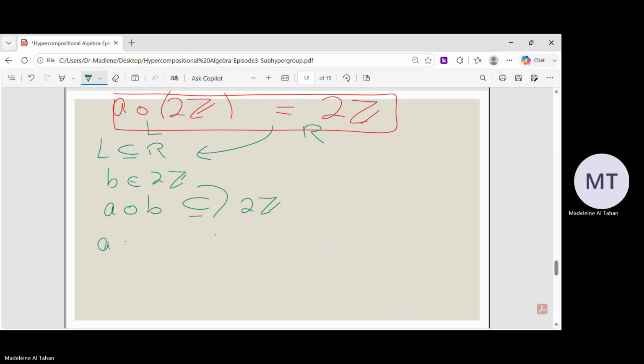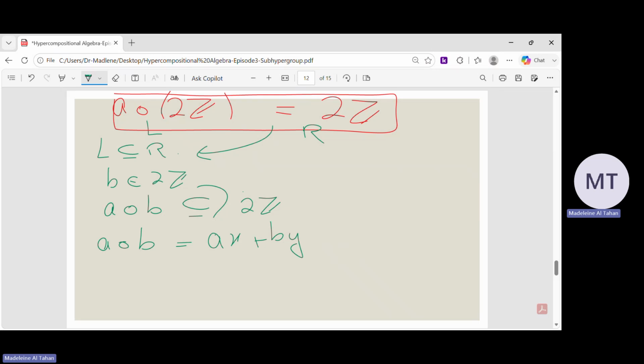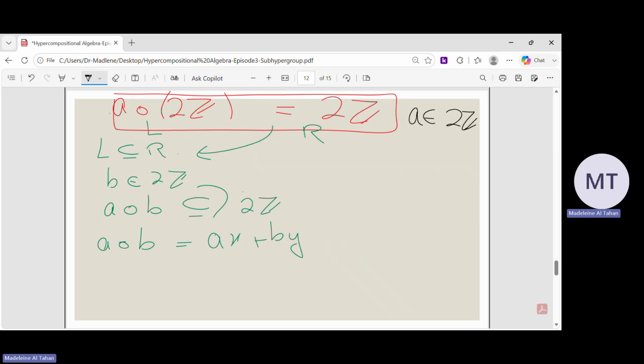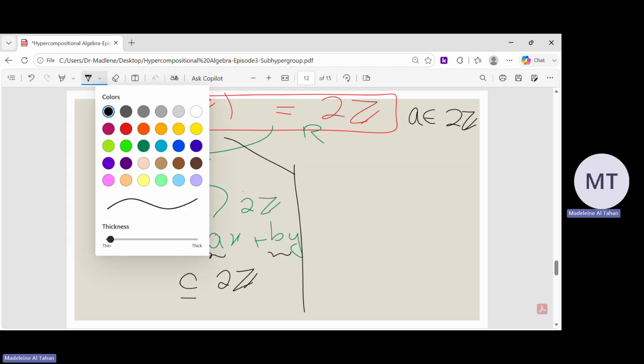It is equal to AX plus BY, of course X, Y belong to Z. But here there is something very important that we need to add: A belongs to 2Z, right? So let's check now. A is even, belongs to 2Z, it means that it's even. And B belongs to 2Z, it means that it's even. Even plus even is a subset of 2Z. So we're done with the left subset of the right.